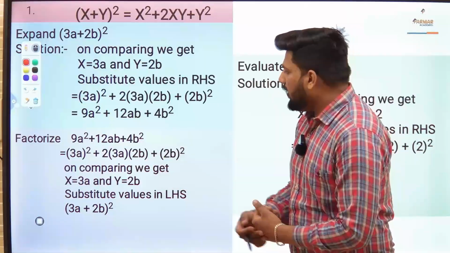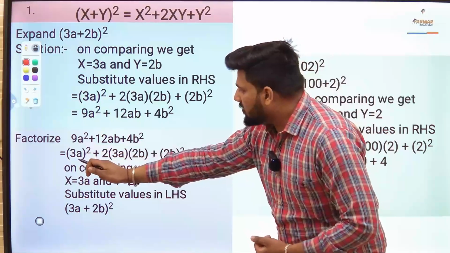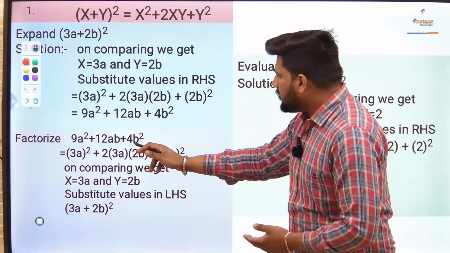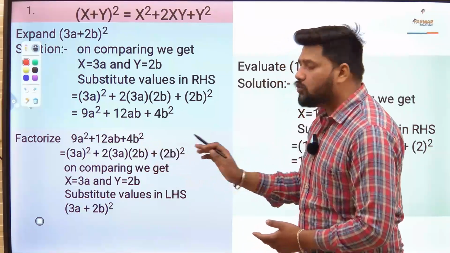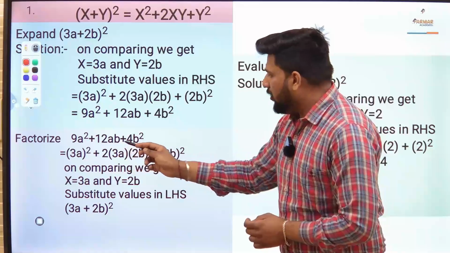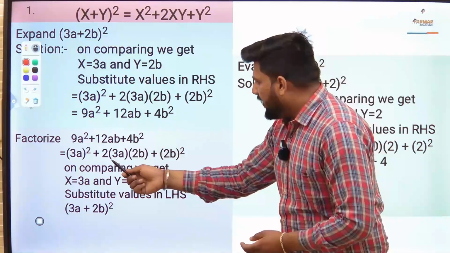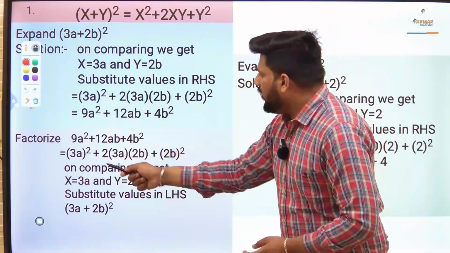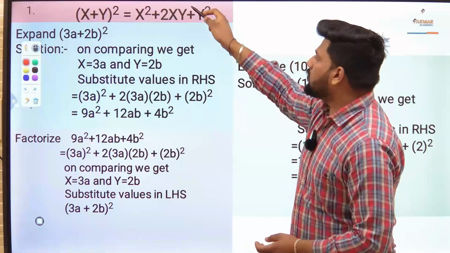So clearly 9a square is written as 3a whole square. That is okay. And the last third term 4b square is written as 2b whole square. Now the middle term is 12ab. For that we will write it as 2 into 3a into 2b to fulfill this condition 2xy.